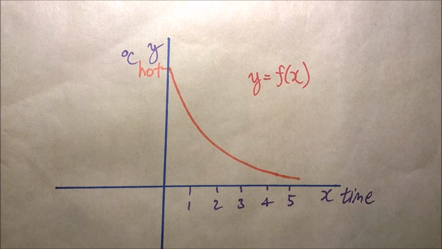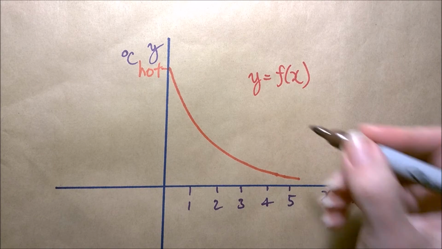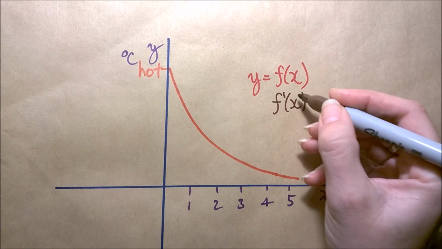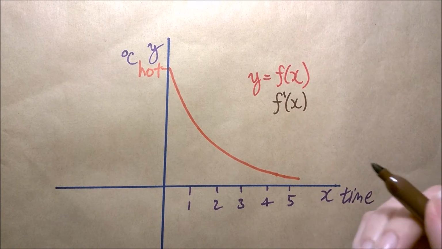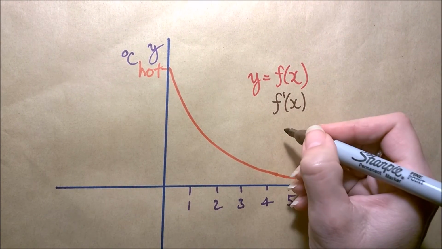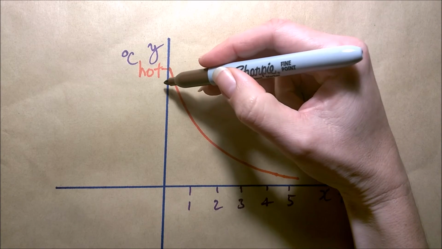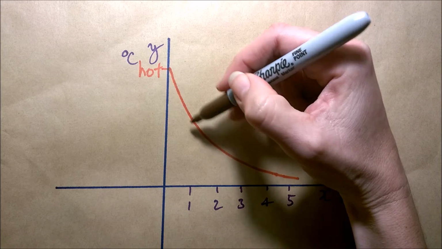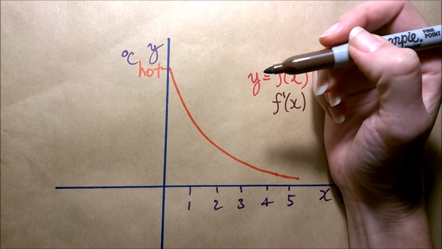So the derivative, this weird thing, what is that? That is a tangent, the gradient of a tangent at a point.